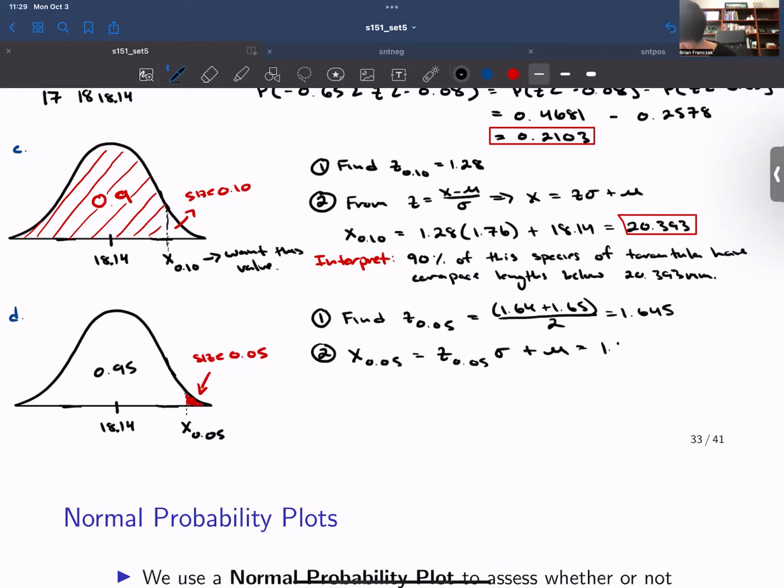This is 1.645 times 1.76 plus 18.14. Sorry, this is just 1.76. All right, and that gives us 21.035. Okay, so that's our value.